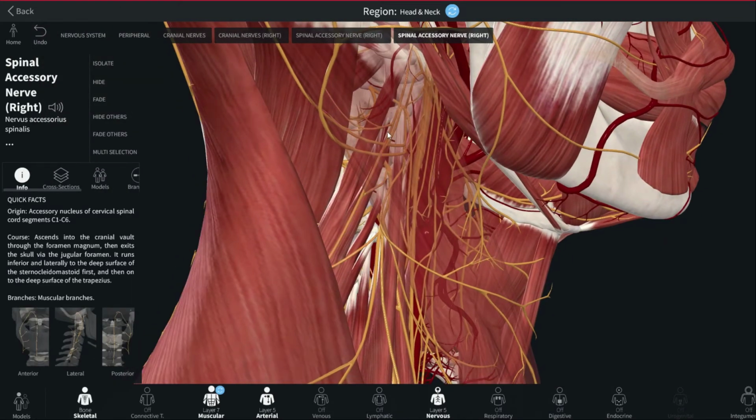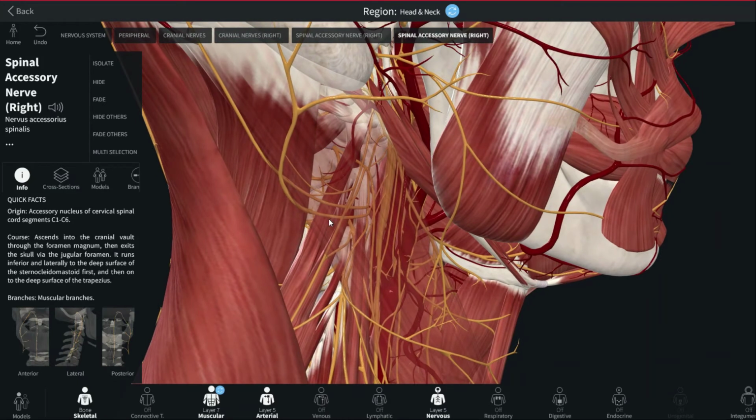See what's happening here: if I fade the sternocleidomastoid, this over here is the spinal accessory nerve. We can see the course of the spinal accessory nerve through the sternocleidomastoid because we have faded it out.